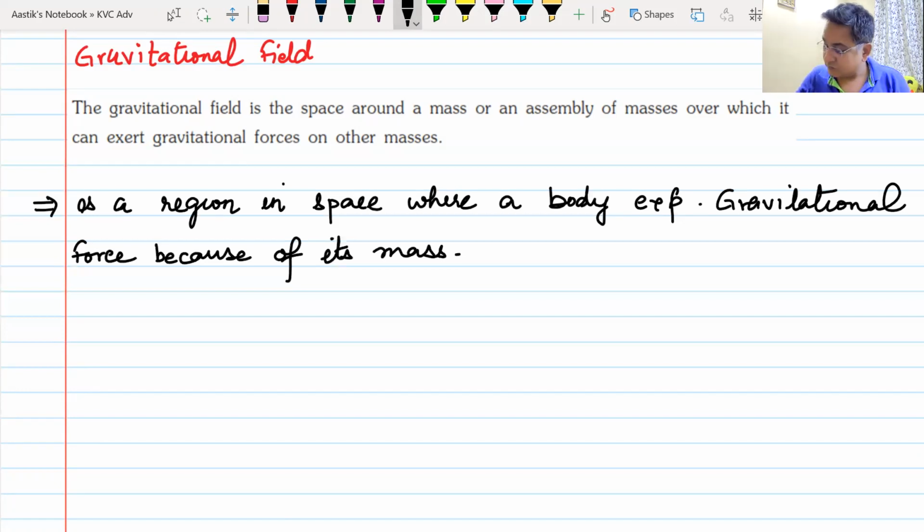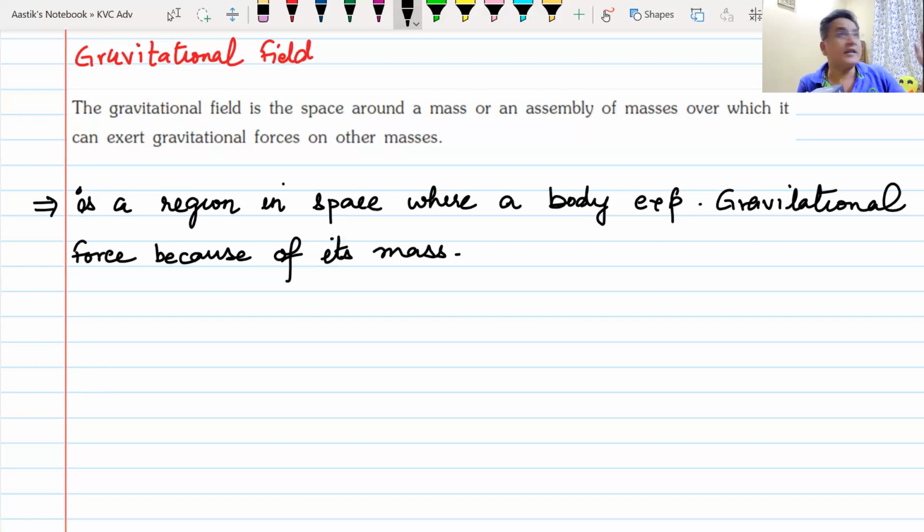Now, the next question is who creates this gravitational field? Suppose I drop this mass kept here. See, it is falling down. It is experiencing a force because of its mass. Therefore, this region has a gravitational field.